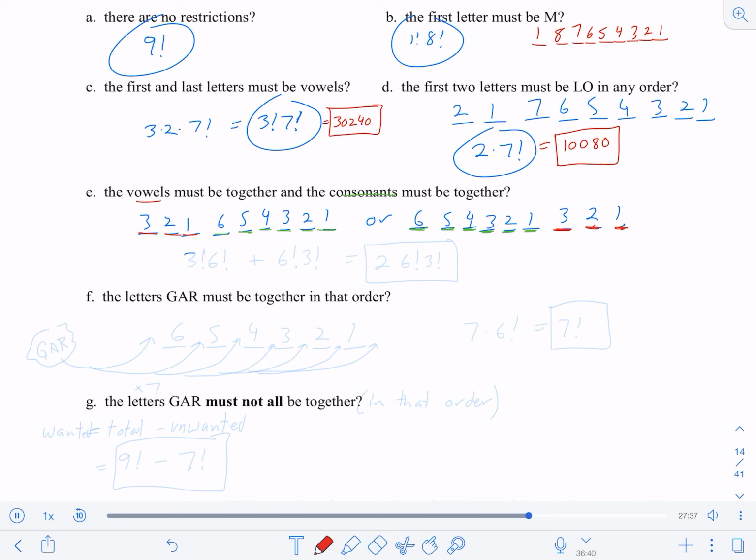So I've got 3 factorial times 6 factorial plus 6 factorial times 3 factorial, and that's the same as 2 times 6 factorial times 3 factorial.